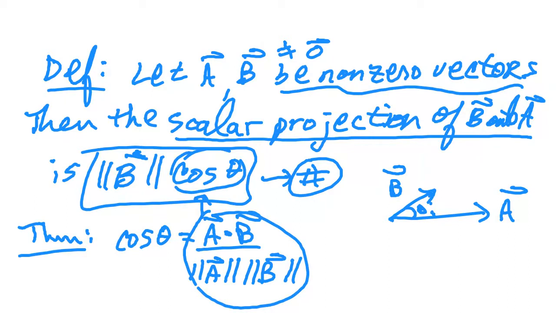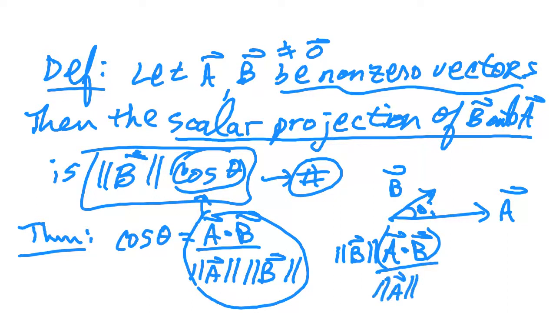And so then we can rewrite the scalar projection as the norm of B vector times, instead of cosine theta, A vector dot B vector over the norm of A vector times the norm of B vector, and of course what happens to the norm of B vector? That's a number, but that cancels.